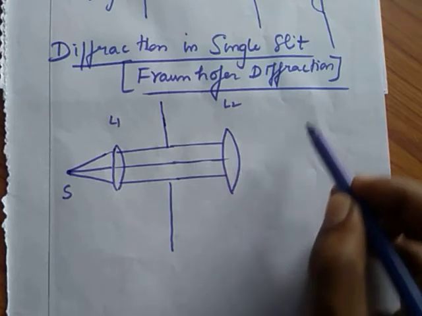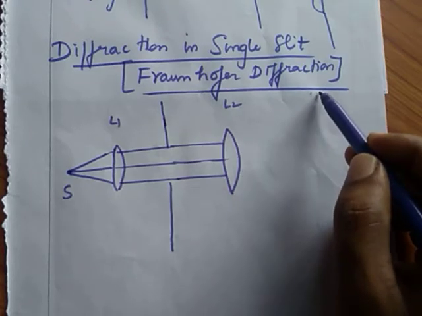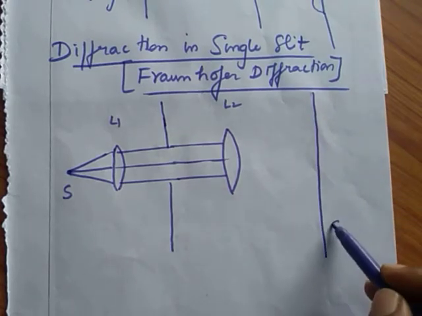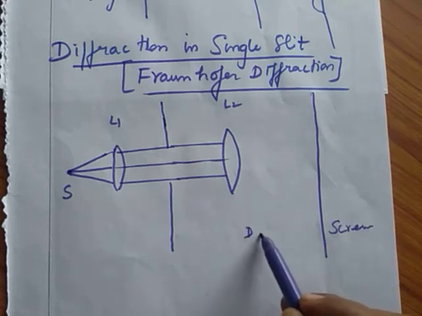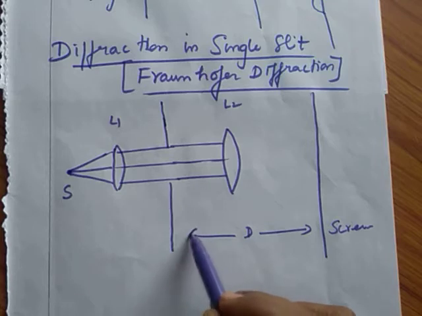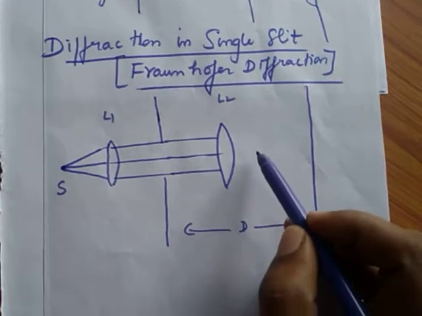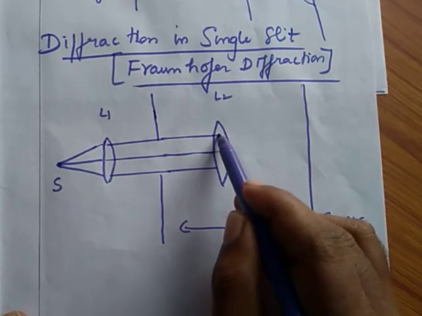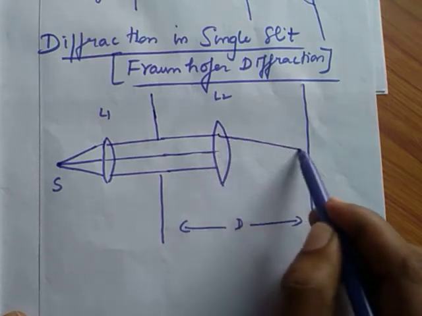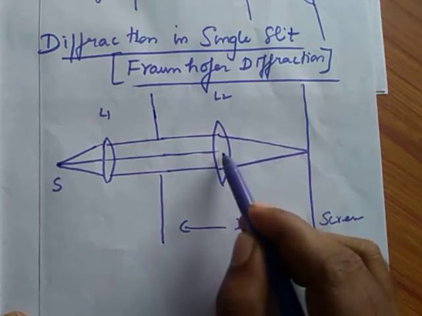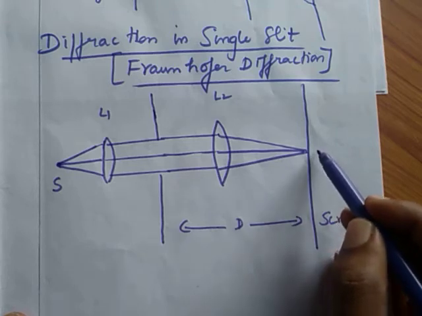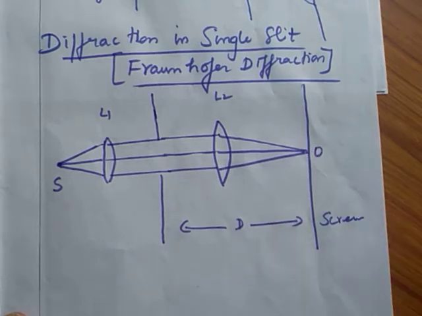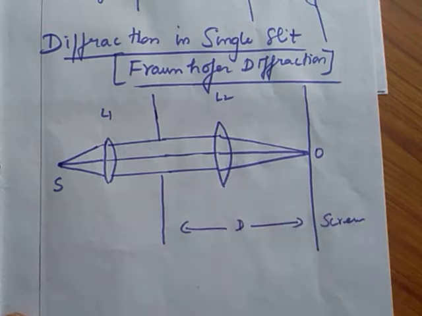At the focus of the lens I placed a screen, at a distance d from the slit. We know the lens will converge the parallel rays at the focus. The point O will be bright, because there is no path difference.